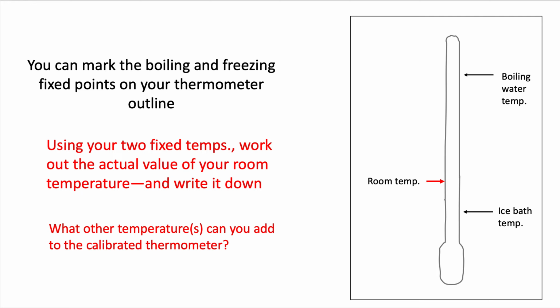And then you're actually going to use those fixed temperatures of the boiling point level and freezing point level to work out what room temperature was on that particular day, and write it down, because that's part of your experimental results. What other temperatures could you add to the calibrated thermometer? And you might want to do that as well.